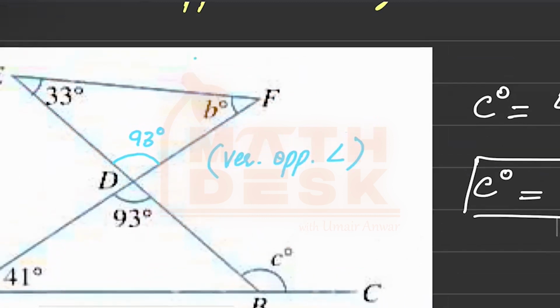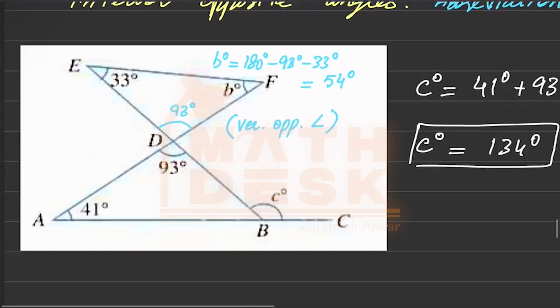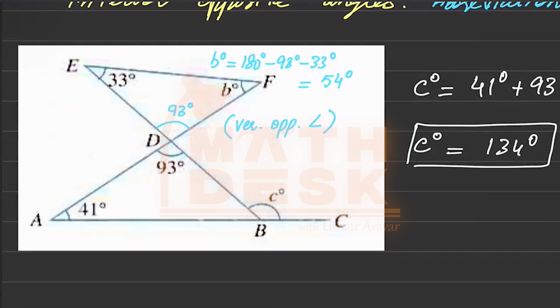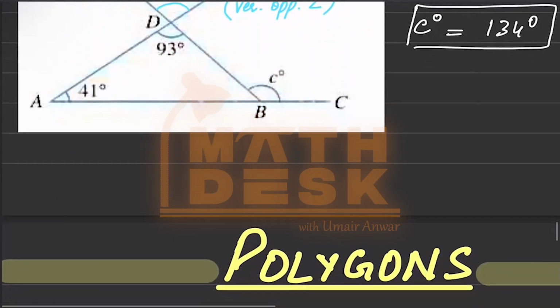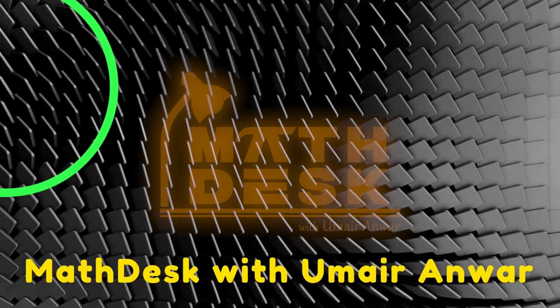So B would be equal to 180 degrees minus 93 minus 33. So the answer would be 54 degrees over here. So this is how we could use the concept and find out and solve different triangles and their angles using this concept.